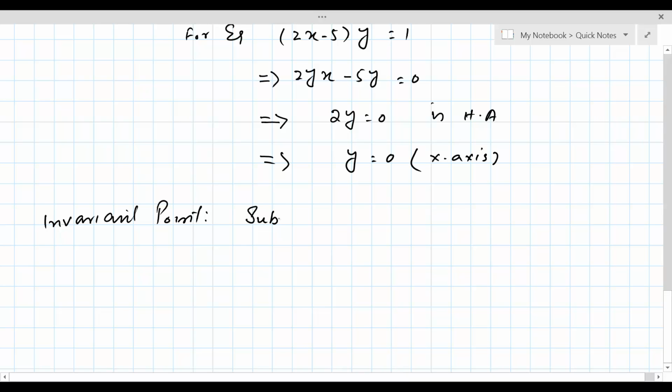Substituting y is equal to 1 for the reciprocal function.